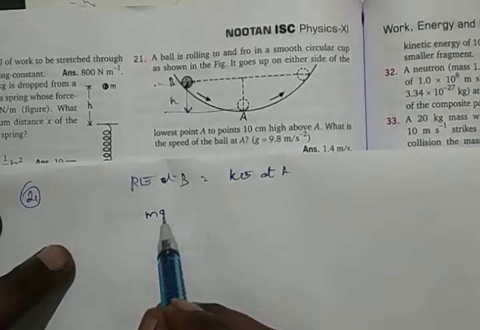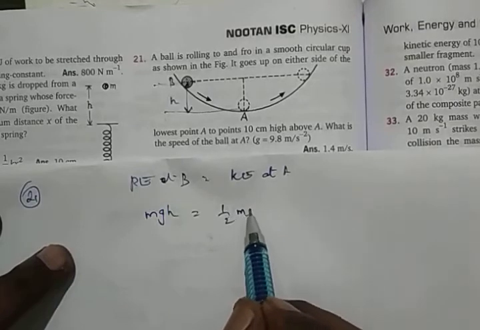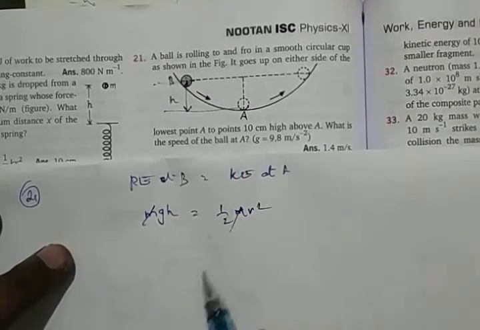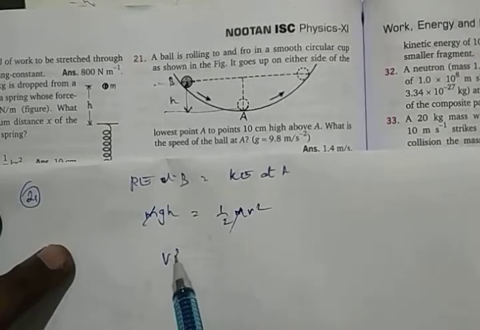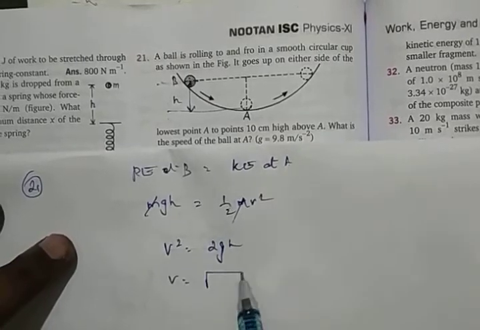So mgh is equal to half mv square. Mass gets cancelled out, so v square is equal to 2gh, and v is equal to under root 2gh.